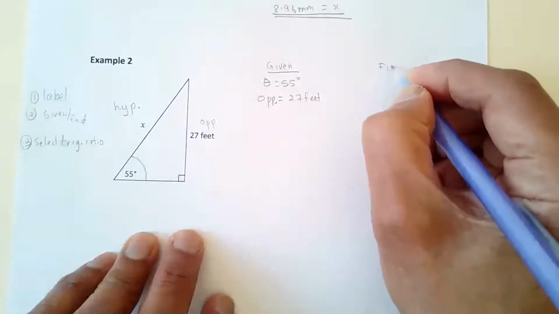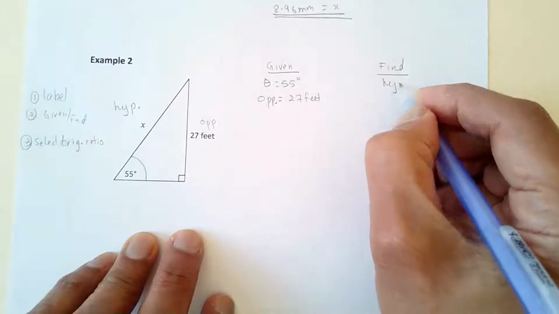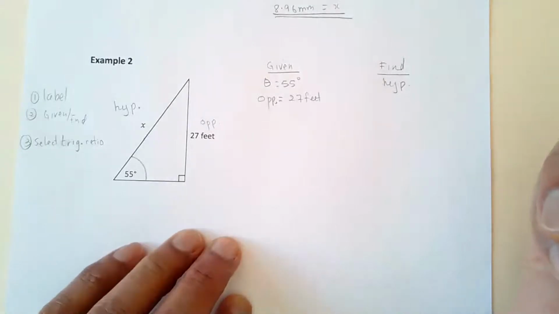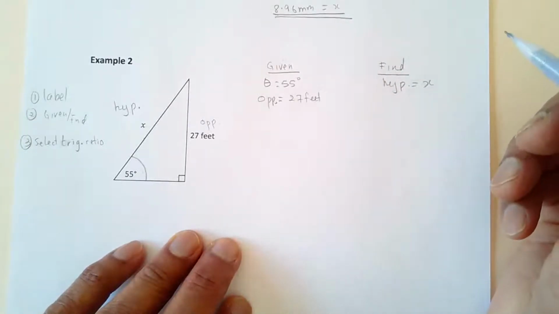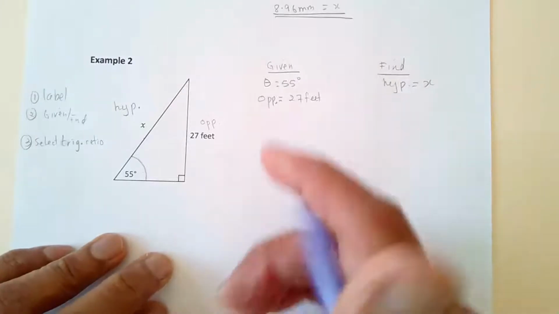And I'm asked to find the hypotenuse. And here again, I'll go to my reference trig ratios, and I'll just rewrite them here.